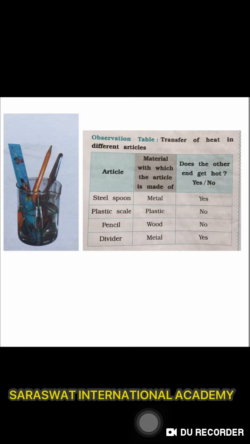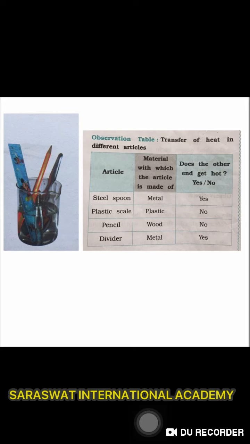The steel spoon is a metal. So the other end gets hot. Plastic scale is made of plastic. So the other end does not become hot.